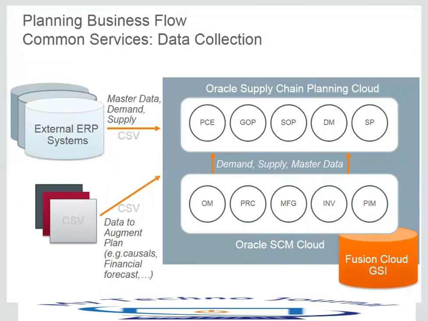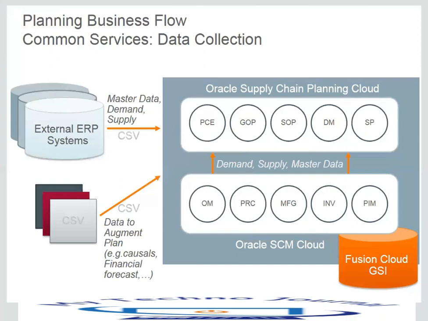You can either collect all this or take this data through CSV from some third-party external ERP systems, from flat files. You can take all of them and use it in your planning cloud. Or if you have all the other products also on cloud, like your product model, your inventory, your purchasing, your order management, manufacturing, everything is on cloud.